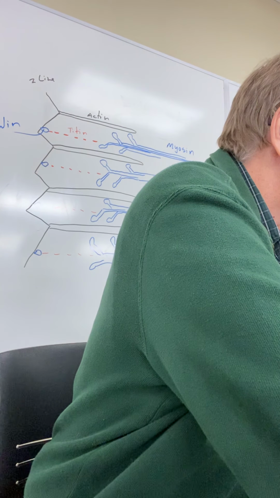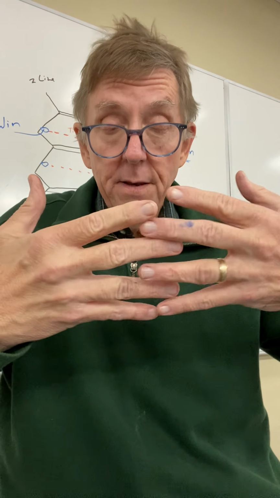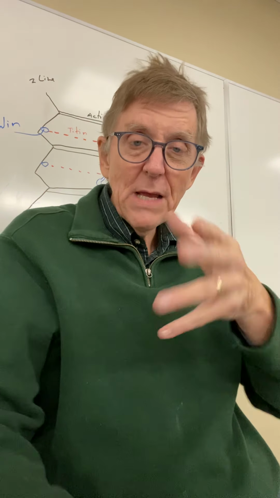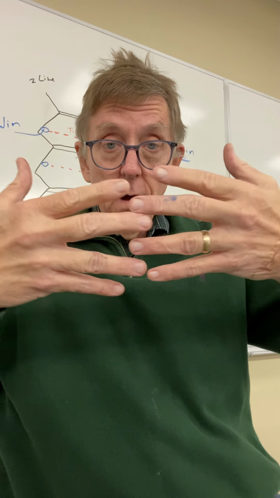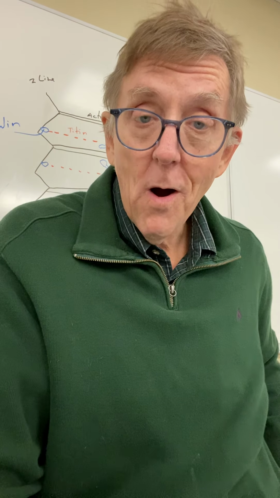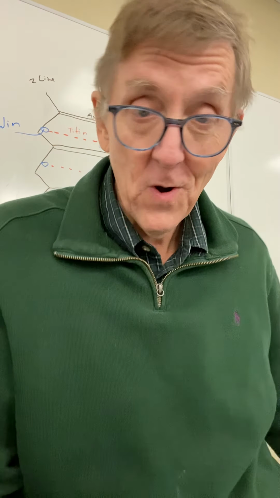So let's move back ahead. What we call this is the sliding filament theory of muscle contraction. So when the sarcomere shortens, all those things slide together. Now, I have drawn a picture on the board because I have a whiteboard.